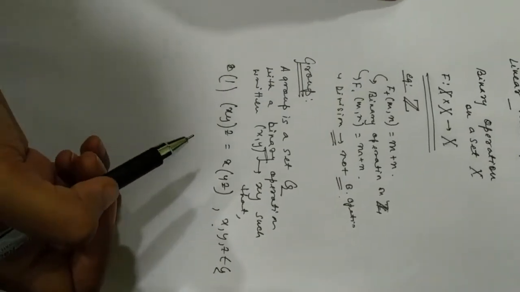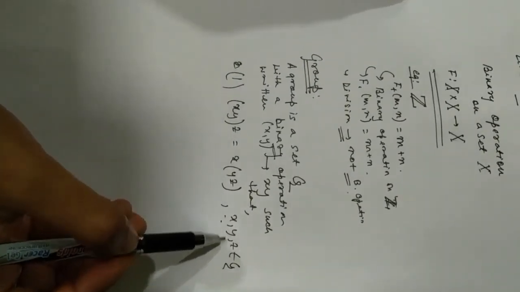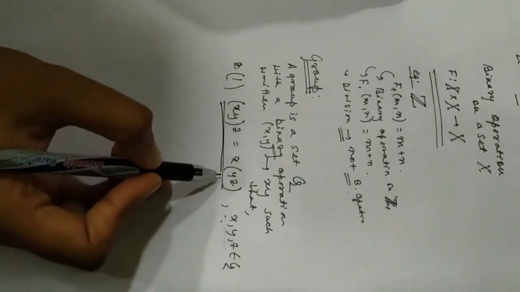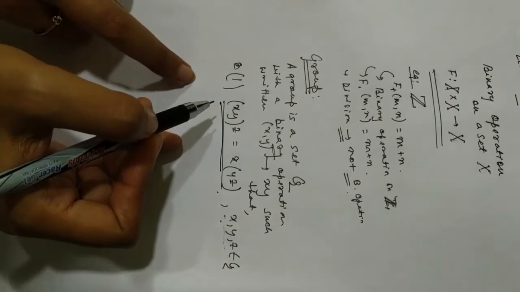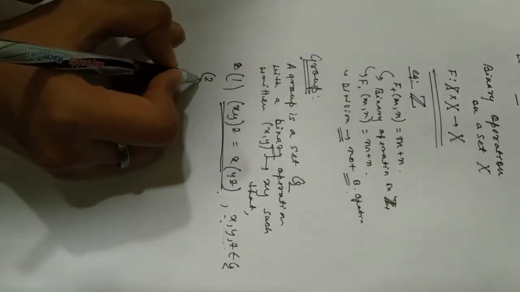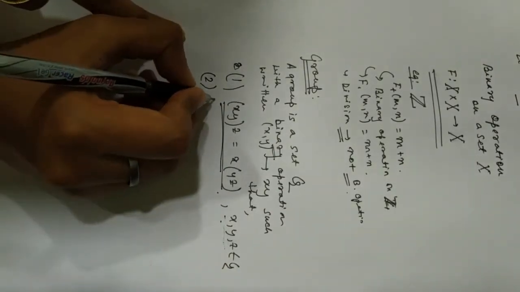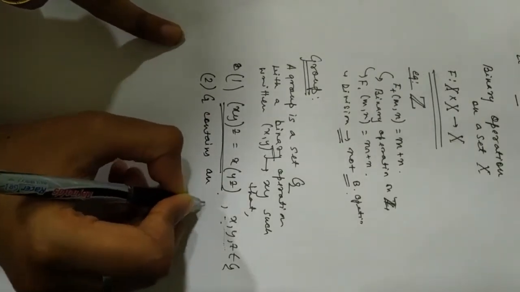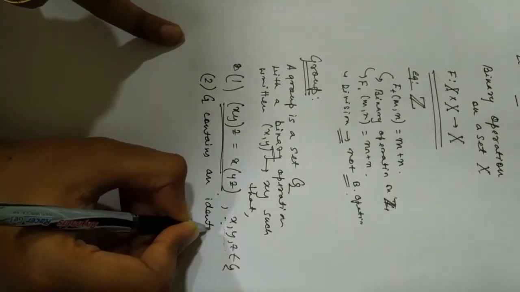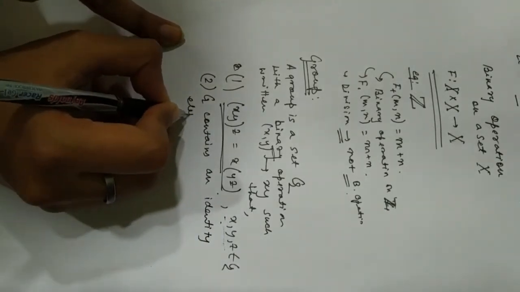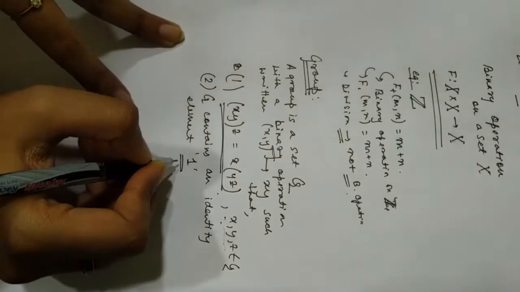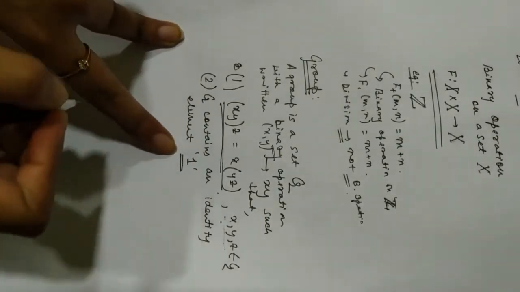Now what the axioms are, say for example we have the elements x, y, z from a group. They are associative. The elements of a group need to be associative. Secondly, G contains an identity element. One is just the notation. One does not mean numerically one.